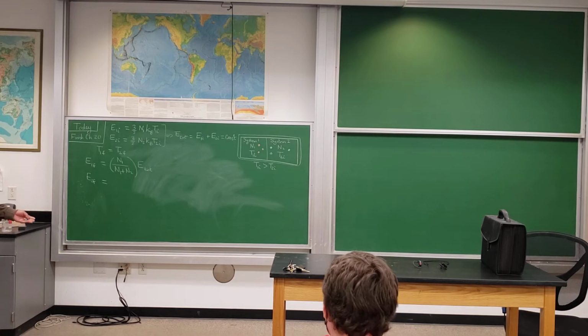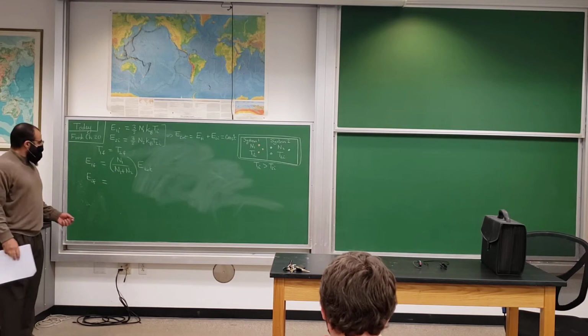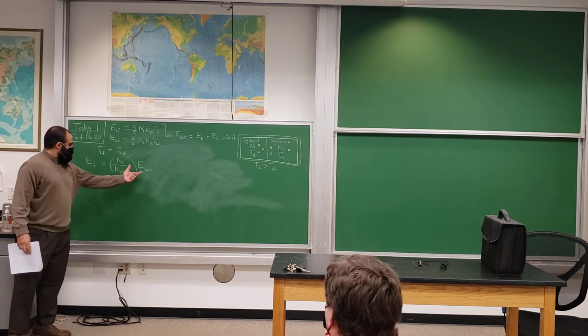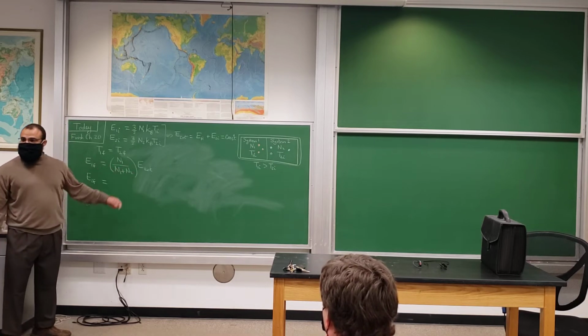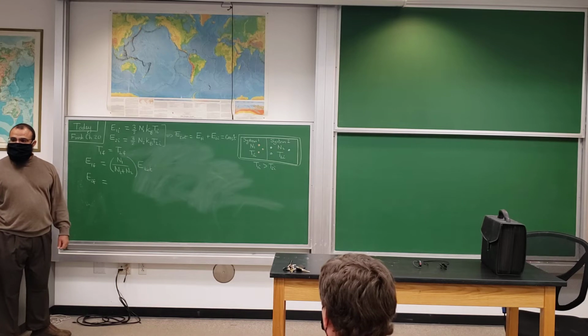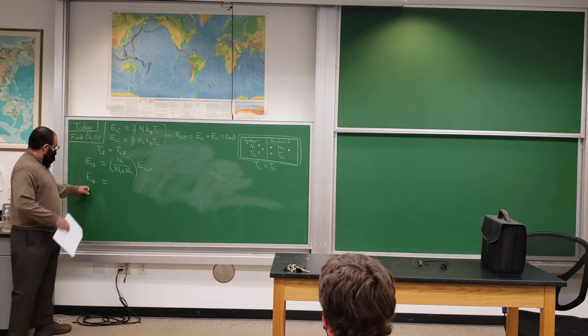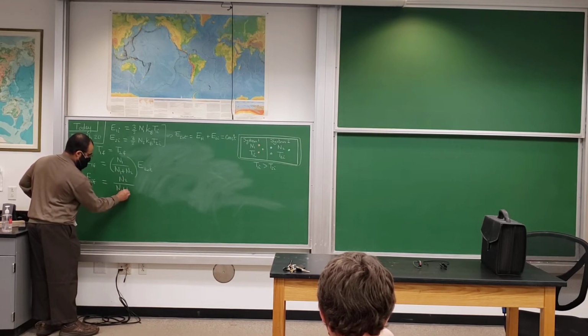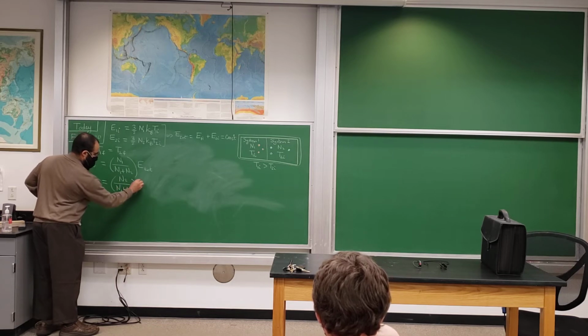If 80% of the molecules are in system 1, then system 1 would have 80% of the energy. So for this system here, it would have N2 divided by N1 plus N2 times E total.